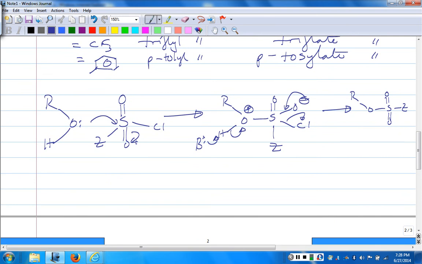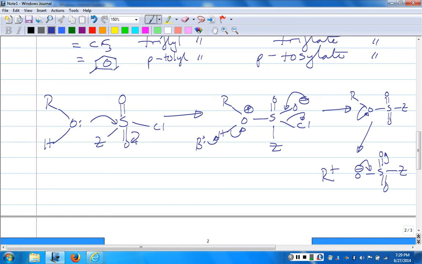But they tend to be substrates for SN1 reactions because this group is an exceedingly good leaving group to generate carbocations and a wonderfully stabilized counterion. This species is beautifully resonance stabilized over both of these sulfonyl groups. So you get 3 equivalent resonance forms where the negative charge is supported on an O. And when you support the negative charge on an O, those are particularly stable. The more equivalent resonance forms you can draw, the more stable the species.